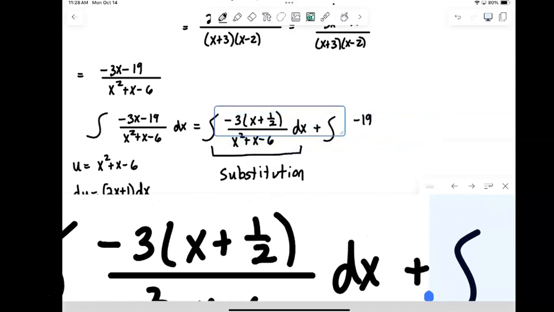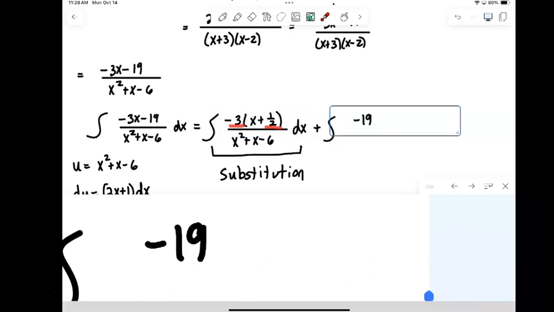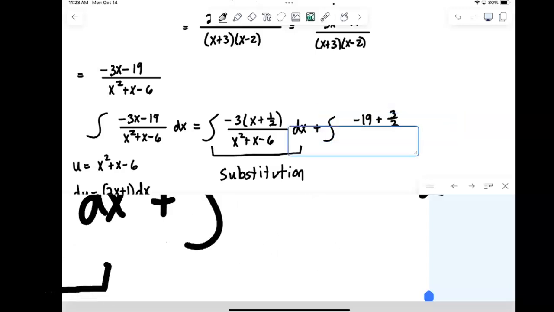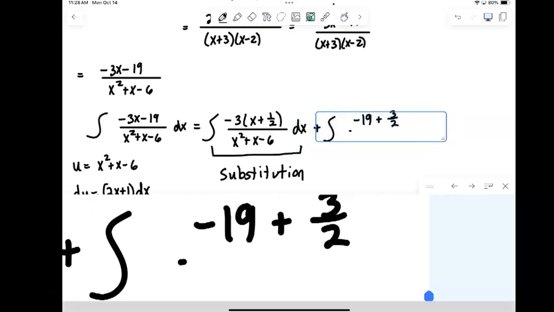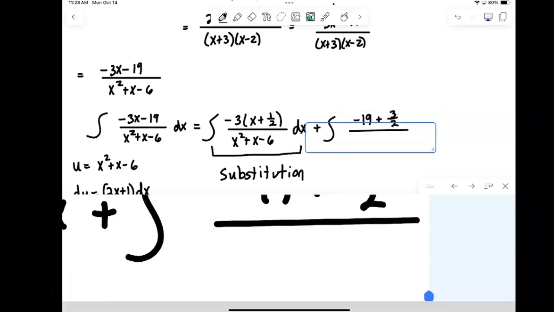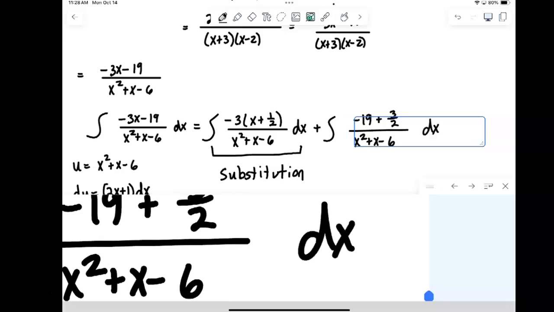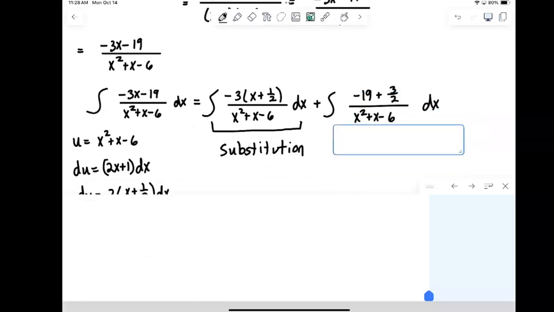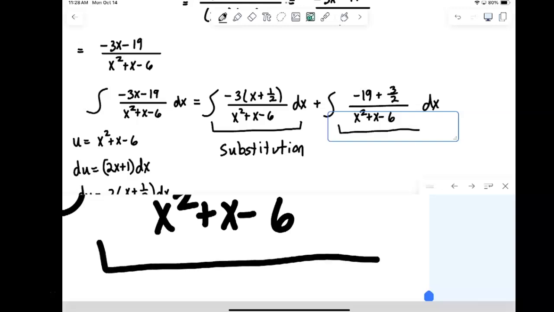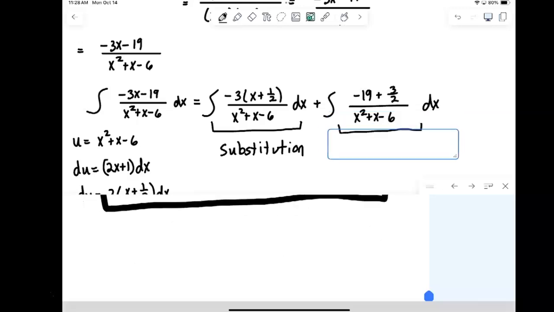And I have to account for the minus 3/2 that I threw there, so I actually do plus 3/2. And then that's over my denominator, x squared plus x minus 6 dx. And this one here, we could then work out by using the process of completing the square.